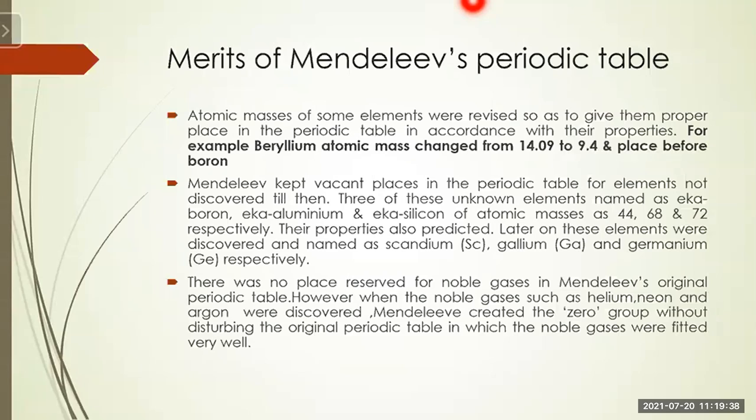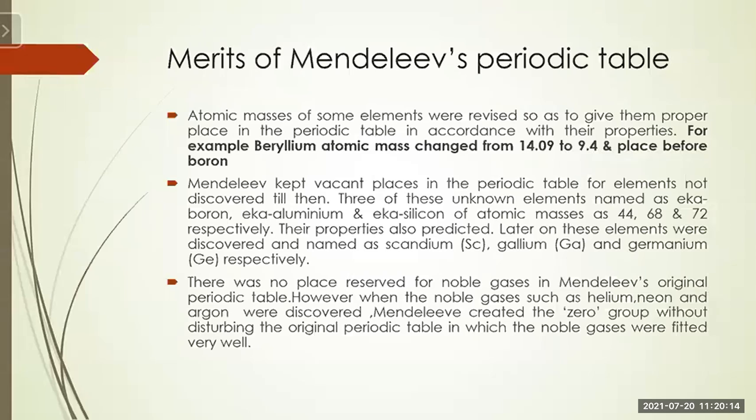Similarly, the same thing was done. The elements which were known at that time had a place in the periodic table, and Mendeleev predicted that elements would be discovered later in the future. So he kept some places for them. Those vacant places he kept for elements with atomic masses 44, 68, and 72, which were later discovered as scandium, gallium, and germanium.